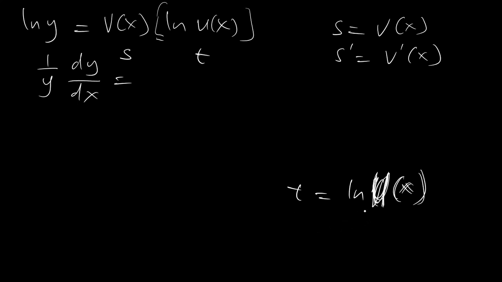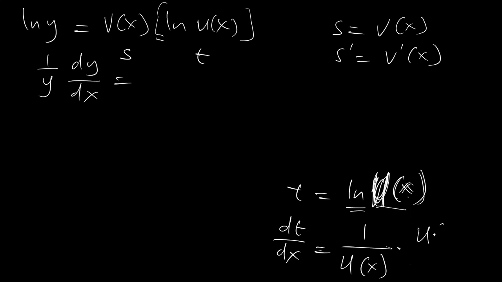Now we look at the derivative of this, dt over dx. The derivative of this with respect to u will be 1 over u of x. Now the derivative of u with respect to x will be u prime of x.